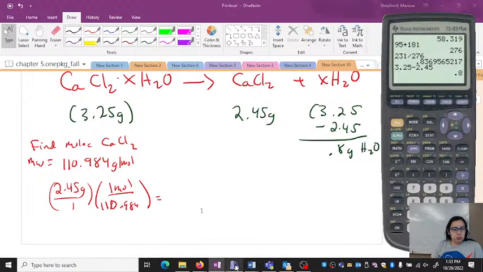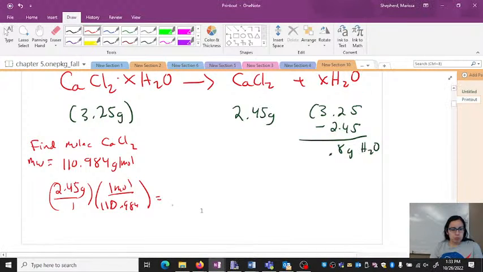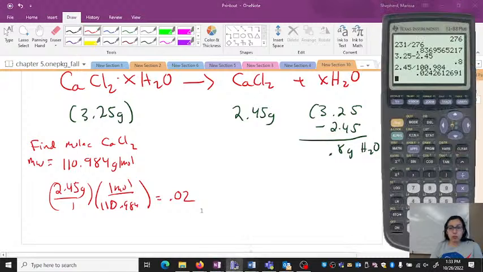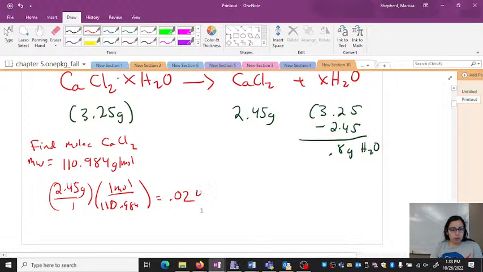And how many moles do we get? 0.022. Is that what other people got? So 0.0242 or 43 or something moles.